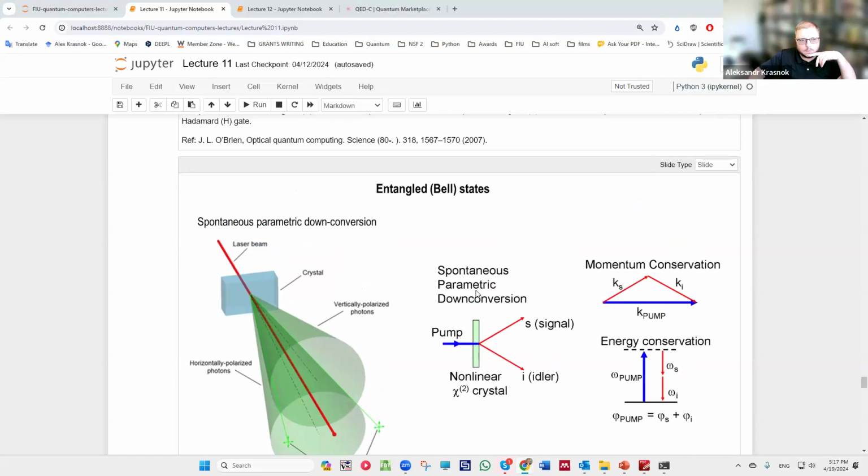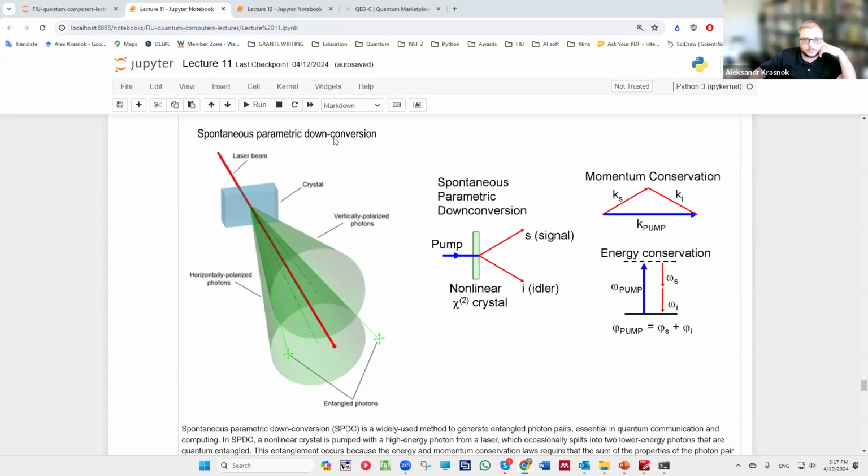All right, in optics, we can even entangle photons using the effect of spontaneous parametric down conversion. This was the first experiment to create quantum entanglement. And in fact, until recently, this was the most popular way we entangle photons and then use them.